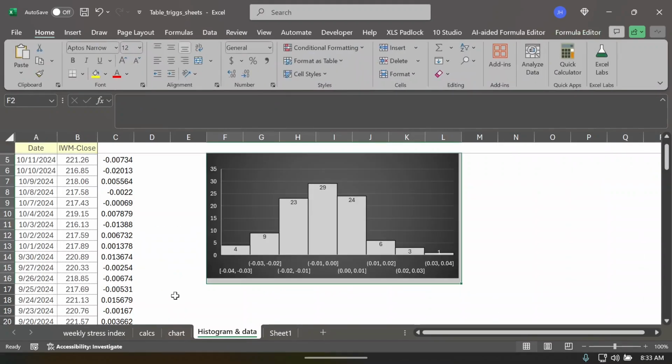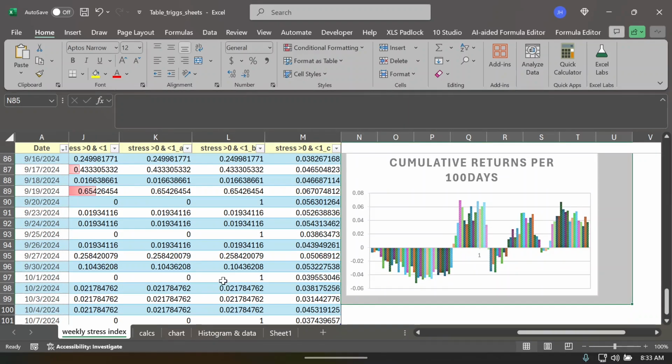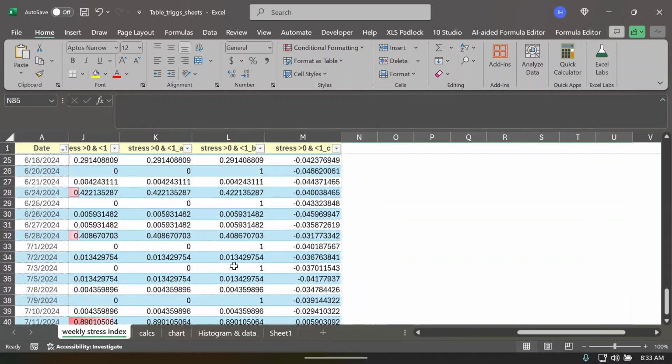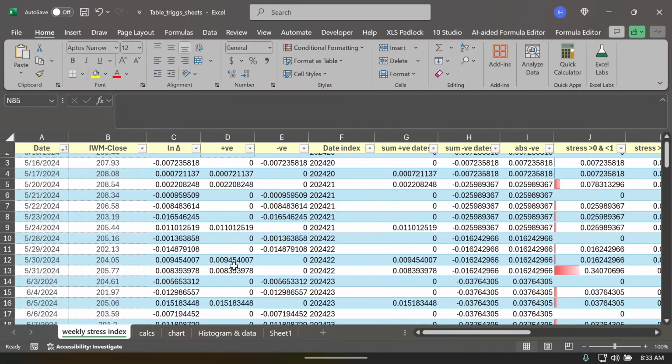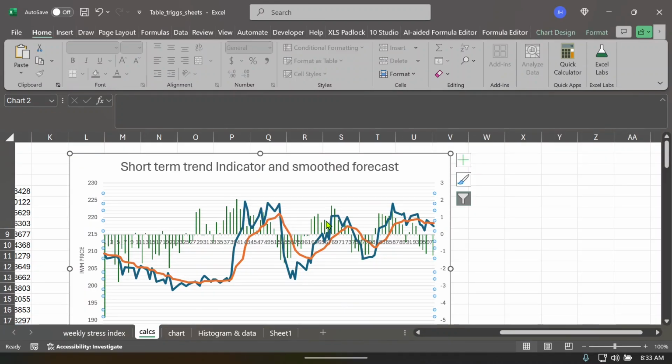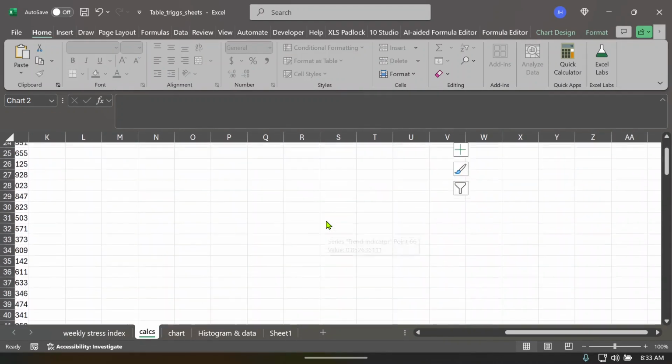There's a histogram in the data here. That's neither here nor there. I won't go into how it's derived. I'd have to make a 45-minute video. You can see it's a table and there's lots of stuff here. Various things. And here, I think the data must be hidden somewhere.